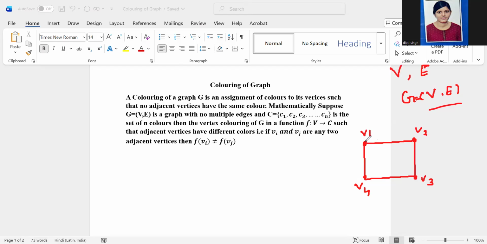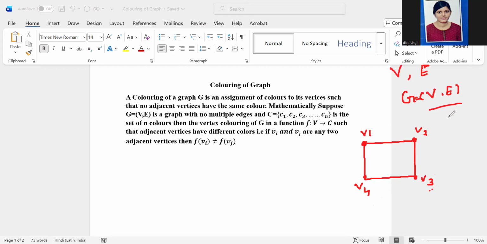If we talk about V1 and V2, there is an edge, so we call these adjacent vertices. Likewise, V2 and V3 are adjacent, V3 and V4 are adjacent, and V1 and V4 are adjacent. But V1 and V3 are not adjacent, and likewise V2 and V4 are not adjacent.